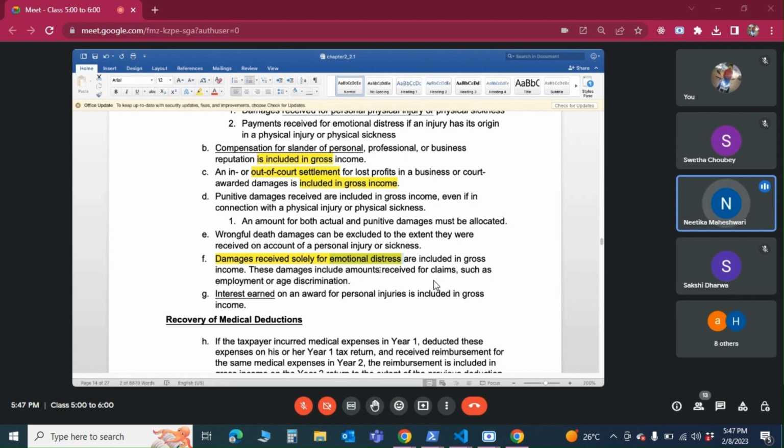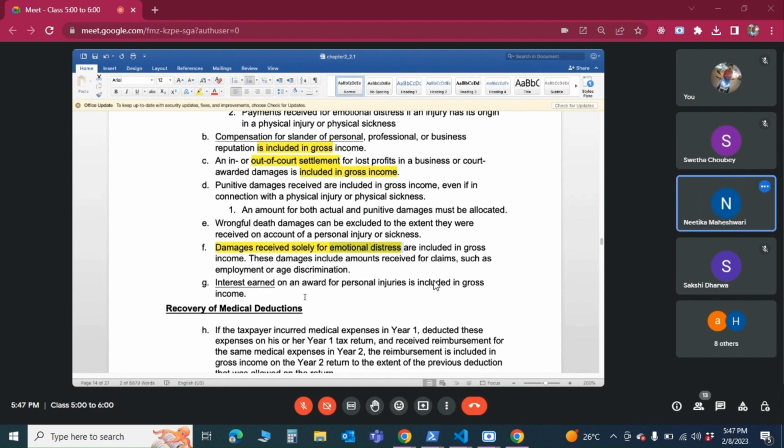But when you talk about emotional, mental agony and distress, there is subjectivity. That could be real, it could be made up, or it differs from person to person. We don't know. So what the IRS is saying is, if there is something only related to emotional distress, put that up as income, pay your taxes on it, and that's fine, take that money.